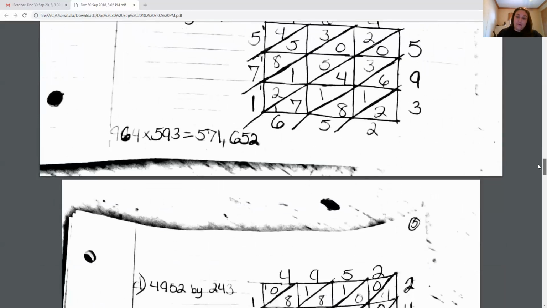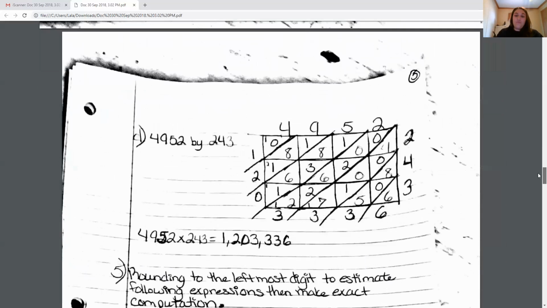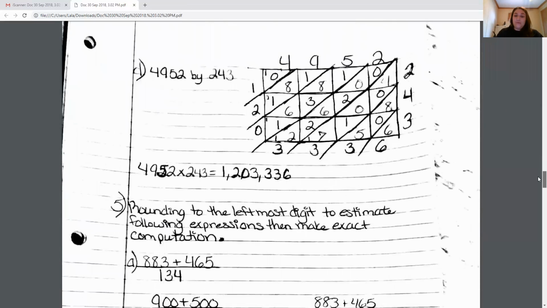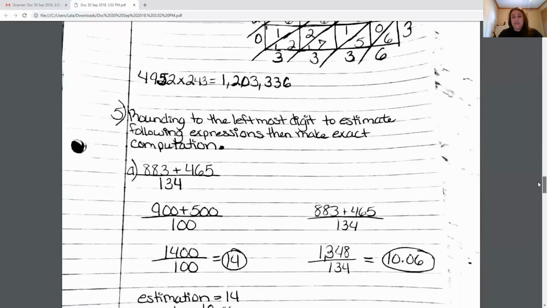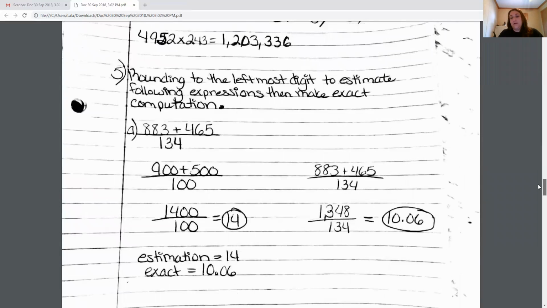We're running a little low on time, so we'll go to our rounding to the leftmost digit to estimate the following expressions, and then we're going to work it out exactly. So here's our problem they give us. 883 plus 465 divided by 134. Now it wants us to round to the leftmost digit to estimate.